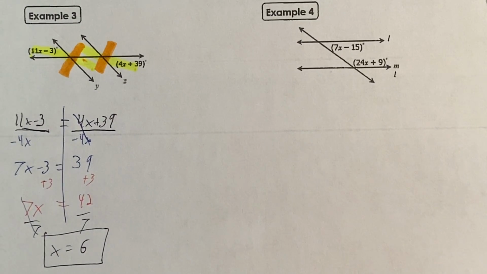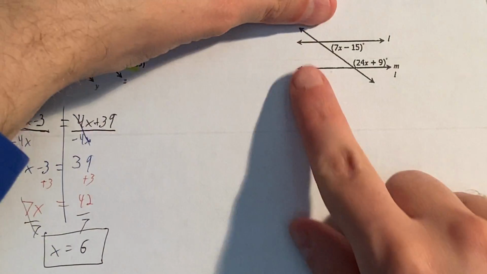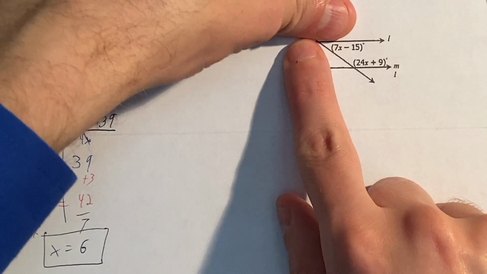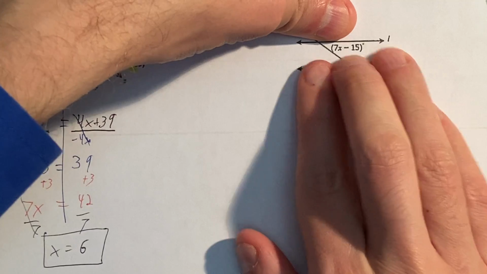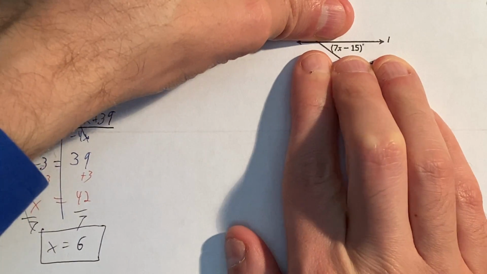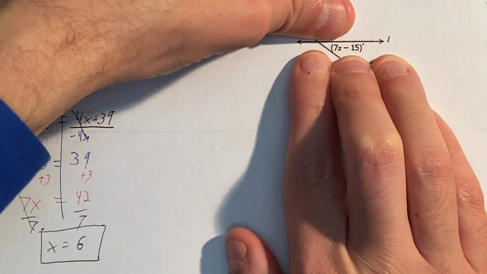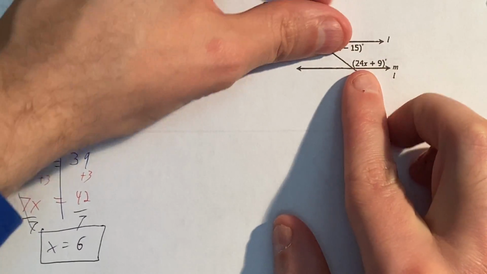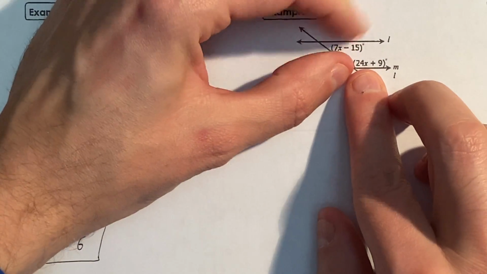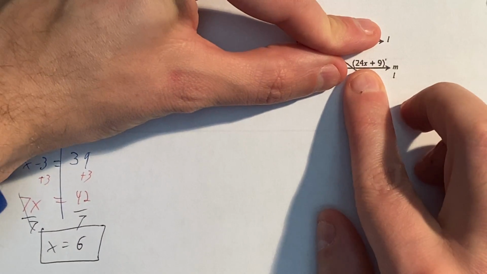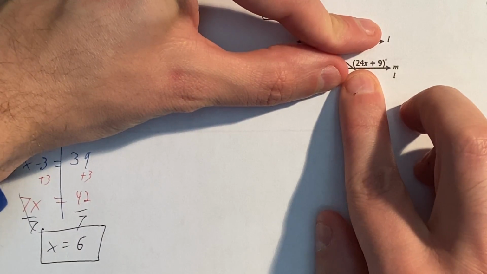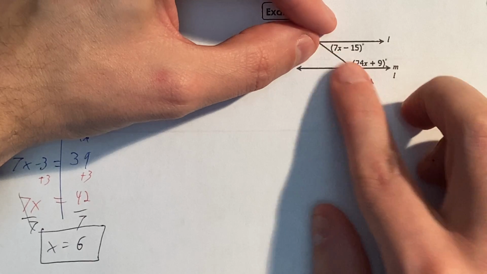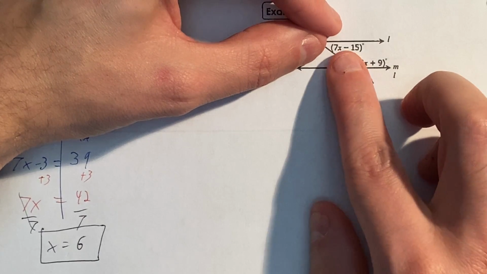For the next one, same thing. If you want to just do the acute obtuse thing, ignoring all this, is that an acute angle or an obtuse? And then is this one an acute angle or is it obtuse? And this time you had an acute angle up here, but an obtuse here, so they were not the same.